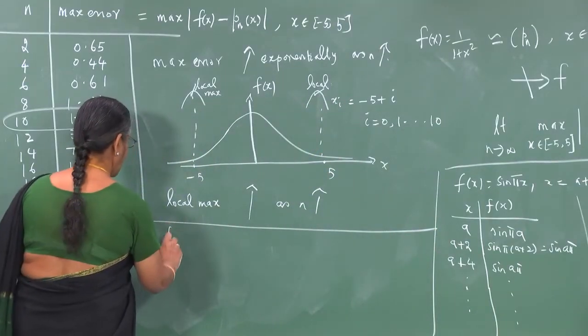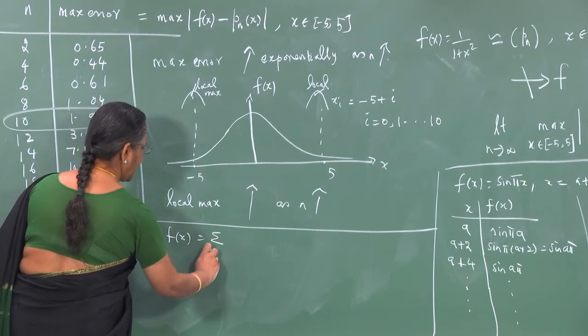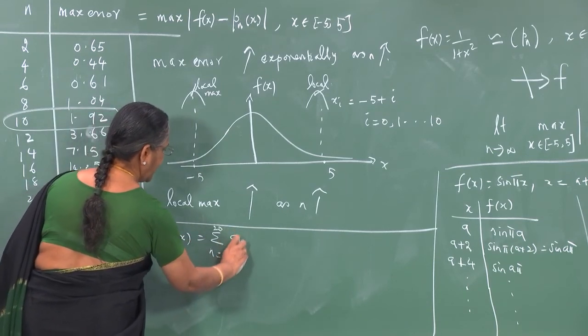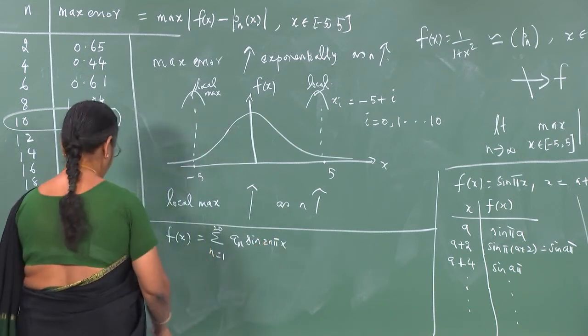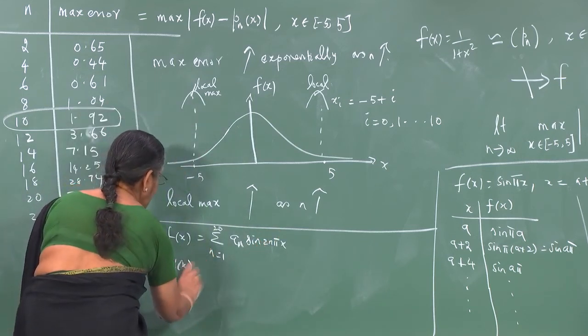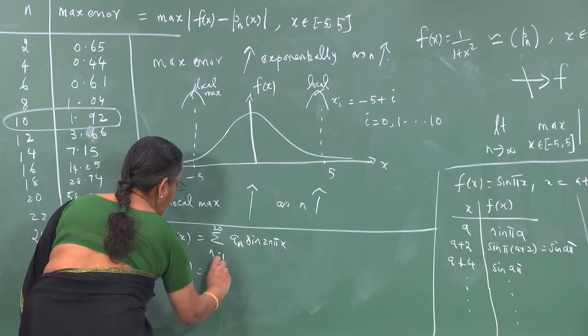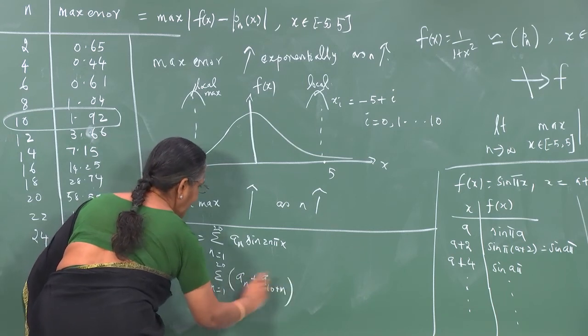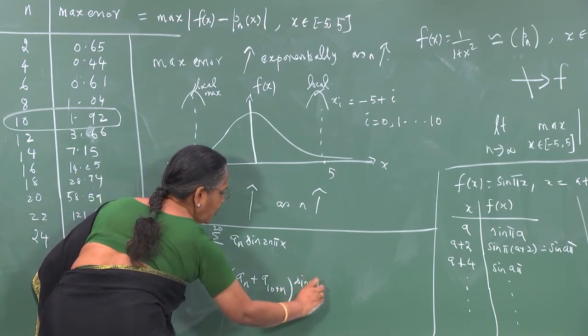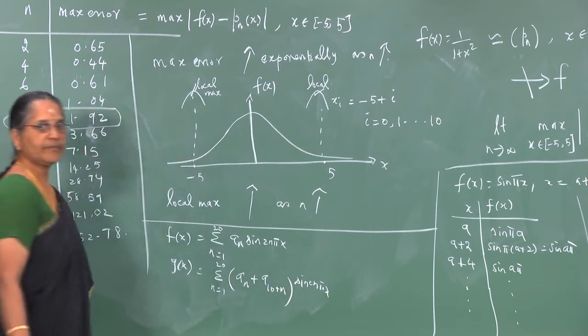Suppose say I consider the functions f of x, which is the sum for n is equal to 1 to 20 of a n into sin 2n pi x, and another function say g of x, which is the sum for n is equal to 1 to 20 of (a n plus a 10 plus n) into sin 2n pi x.